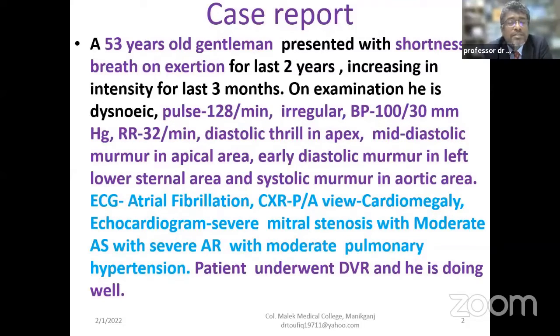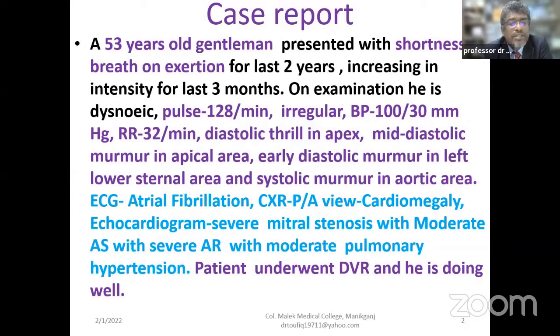That is, the patient has both aortic and mitral valve involvement. These two murmurs indicate aortic valve involvement, so the patient has aortic stenosis as well as aortic regurgitation. ECG showed the patient has atrial fibrillation, and chest X-ray PA view showed cardiomegaly.